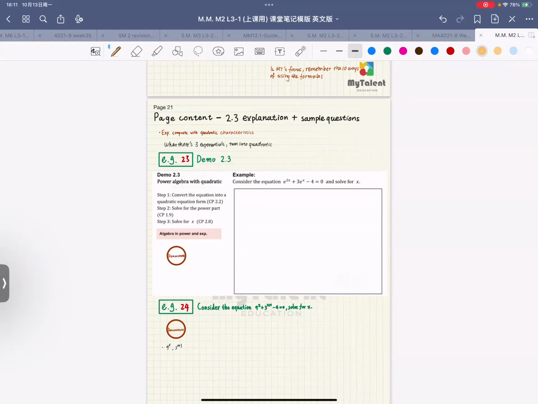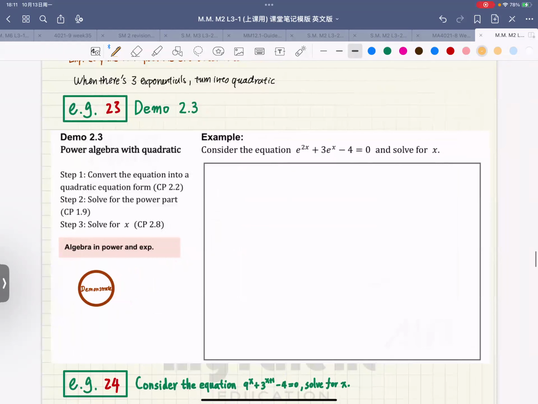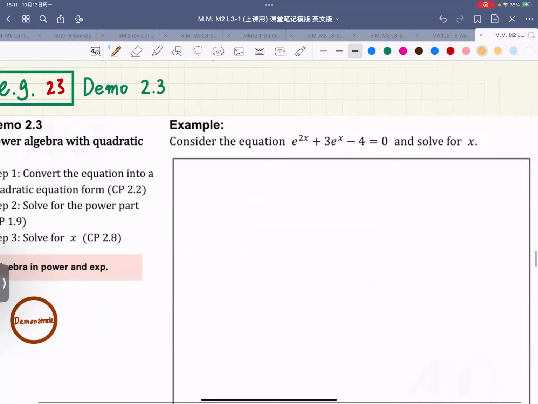Next, we're gonna do power algebra with quadratics, all right? If we look at this, not function, sorry, it's not a function, it's an equation. Does it look quite similar to that format? Something square plus something minus a constant is equal to 0.